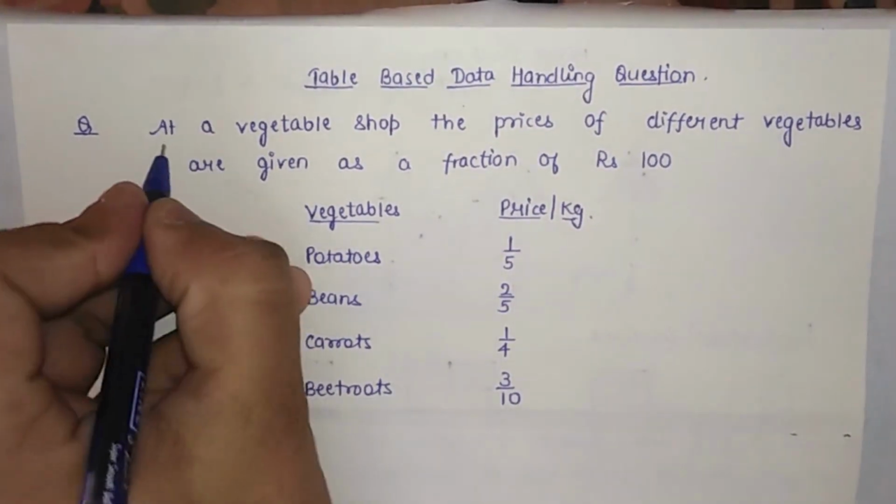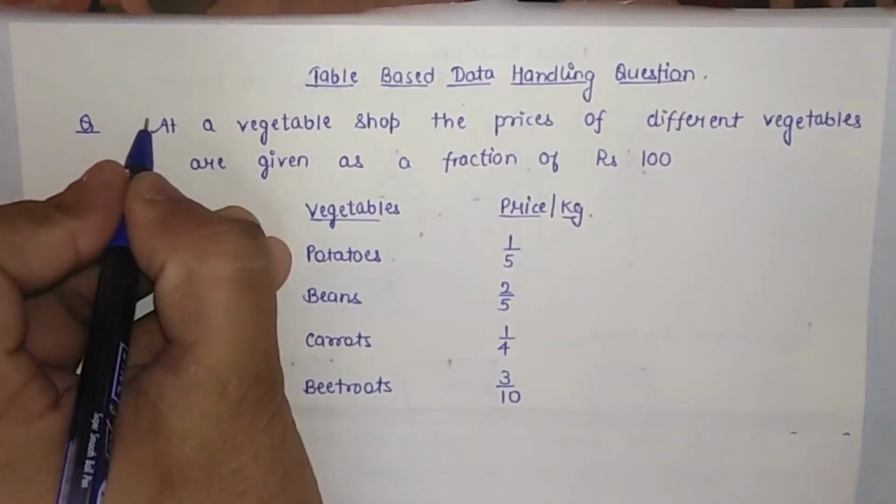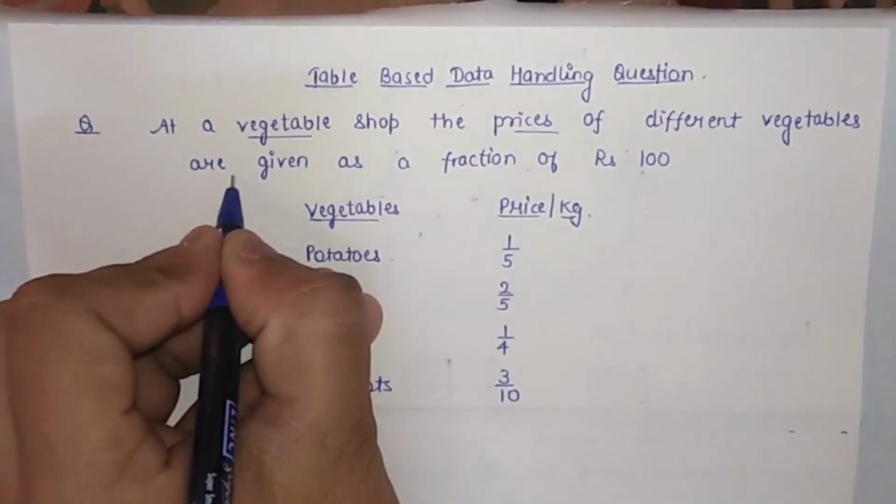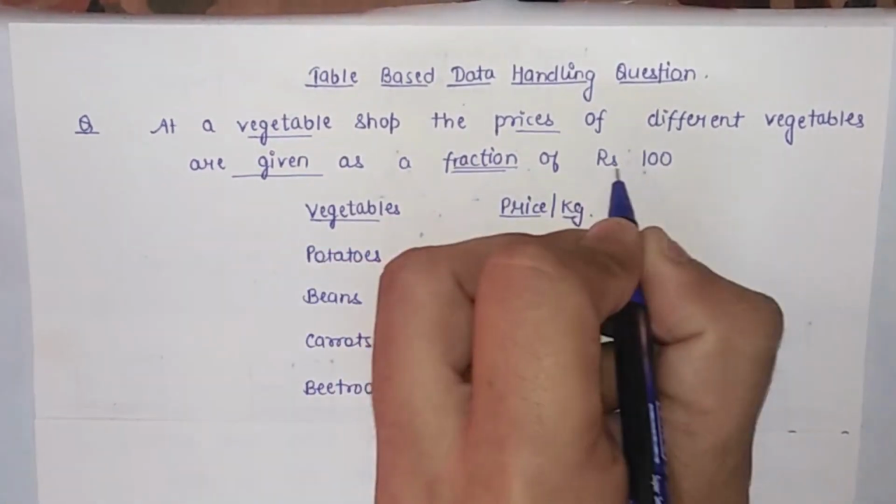If you take a look at this question, at a vegetable shop, the prices of different vegetables are given as a fraction of rupees 100.